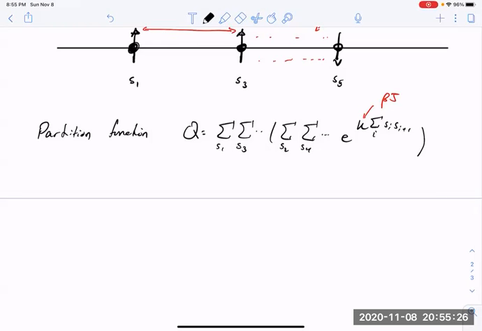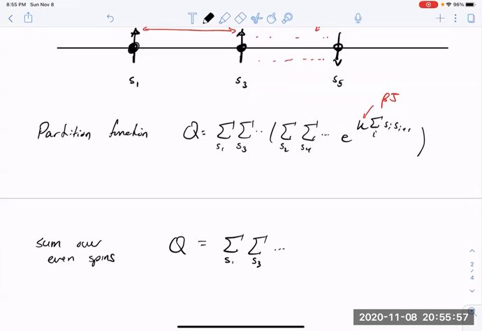So the name of the game will be to try to actually do that sum over the even spins. Get a partition function back that still requires us to sum over the odd spins.